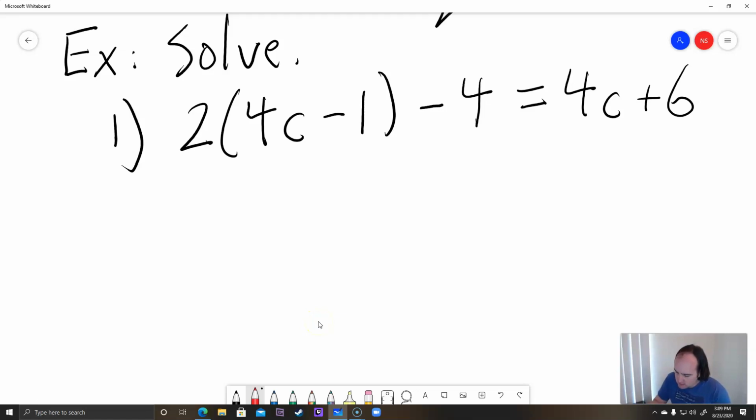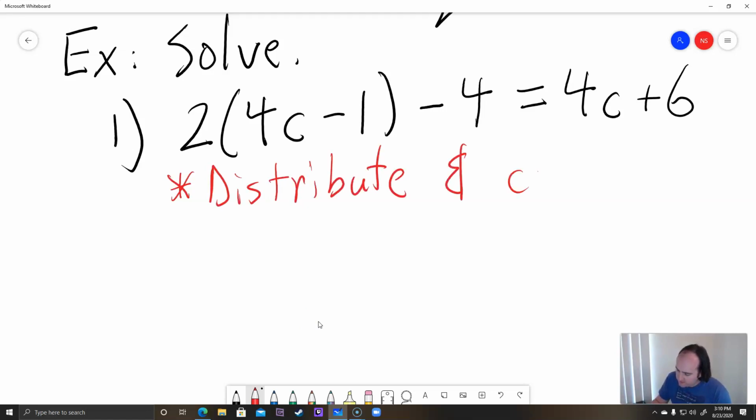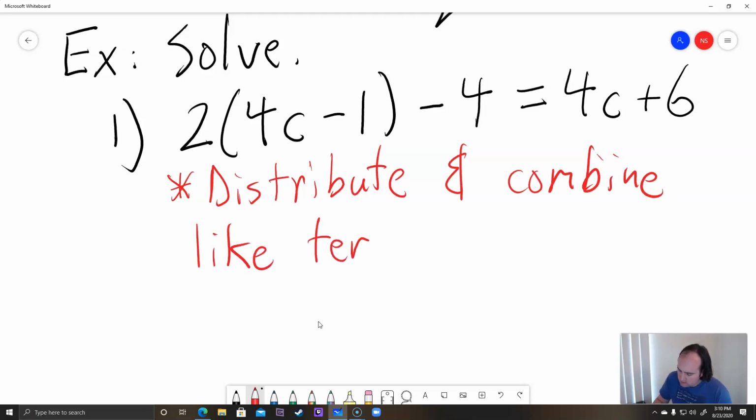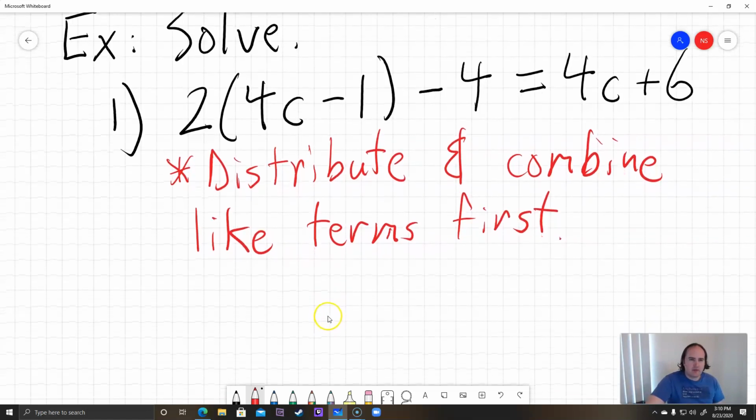So you want to distribute and combine like terms first. First you distribute, then you combine like terms, then you isolate the variable.